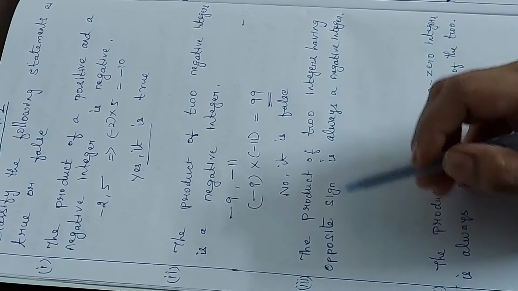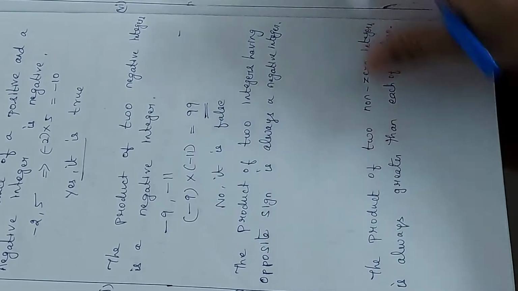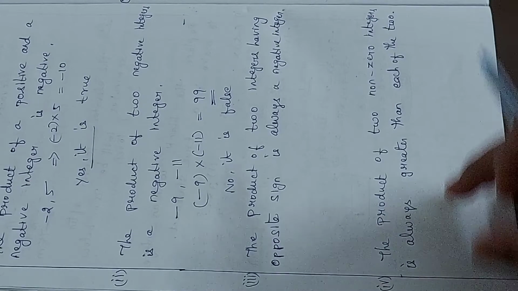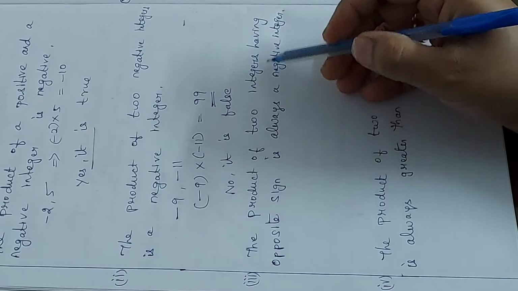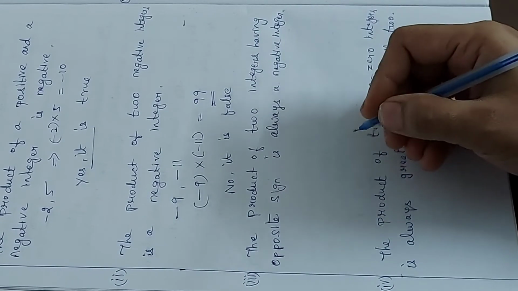Next, the third one: the product of two integers having opposite sign is always a negative integer.